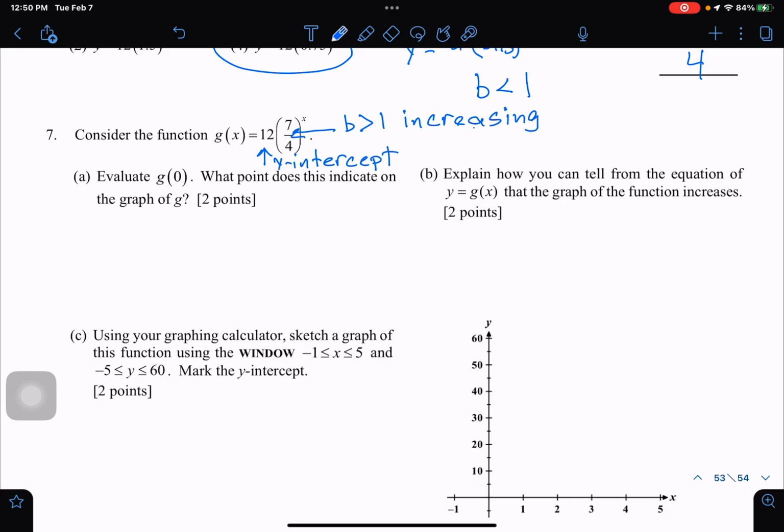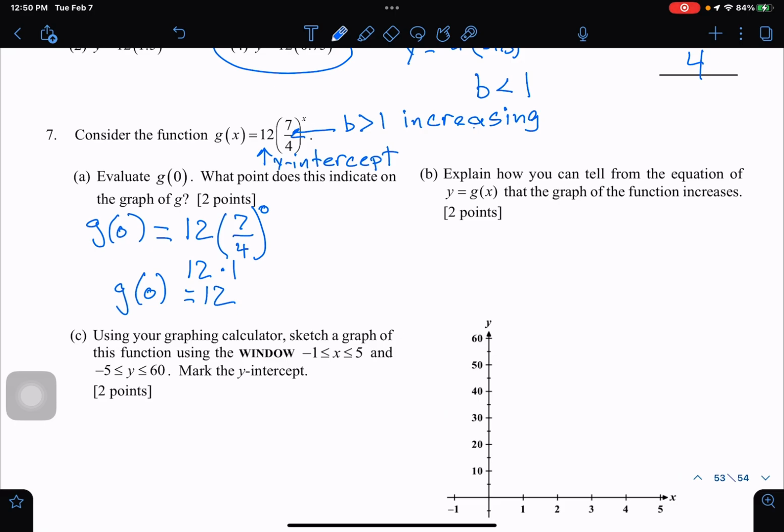All right? So, just remember that. Keep that in the back of your mind. So g of 0, we're going to plug in 0. 12 times 7/4 raised to the 0 power is 1. So this will also give us the y-intercept. All right, so g of 0 is equal to 12.